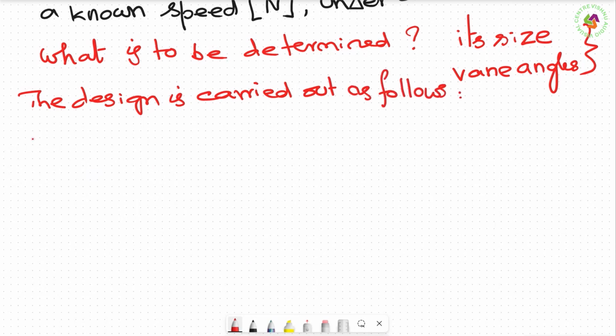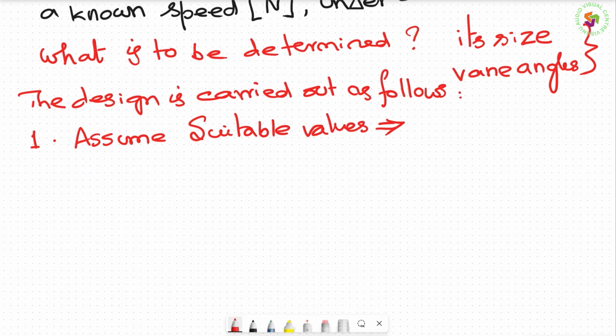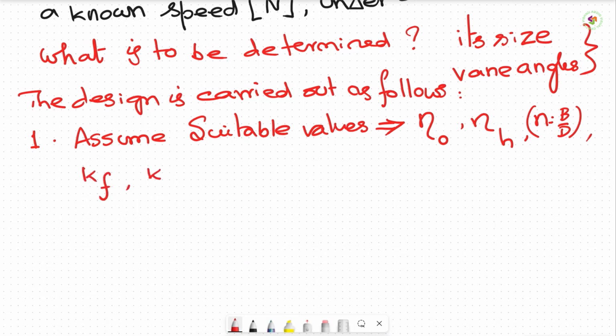Stepwise. What is the first step? First, some assumptions we need to make. Assume suitable values for overall efficiency, that is number one; hydraulic efficiency, number two; number three, the ratio of B by D; number four, the flow ratio Kf; and number five, the speed ratio Ku.